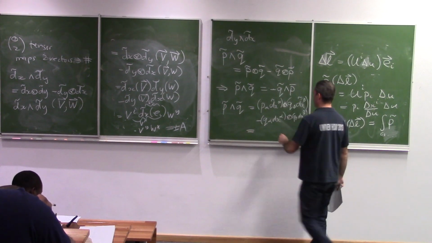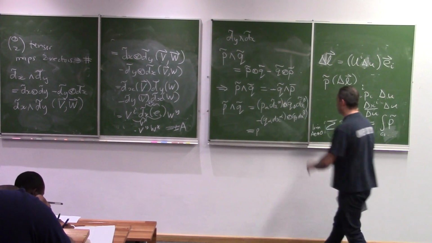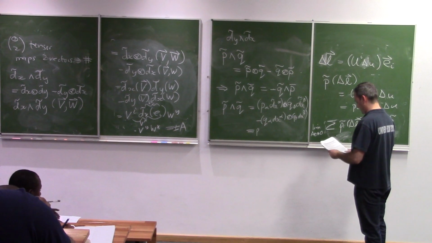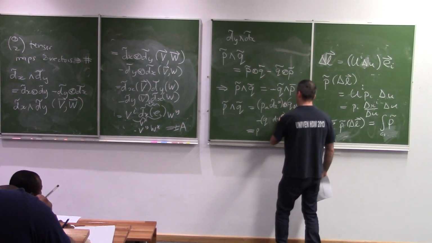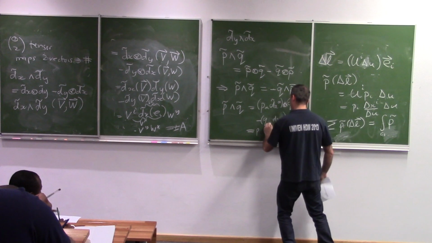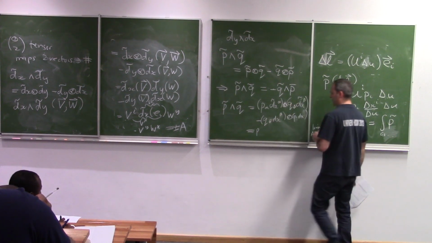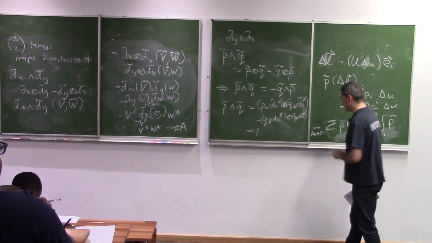So this is going to be P, okay, sorry, I've done this in a bad way. Let me relabel these indices, just relabeling alphas to betas and betas to alphas.